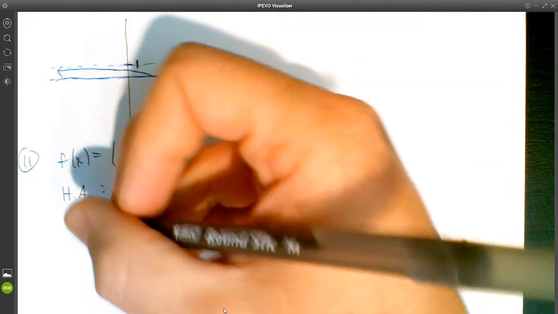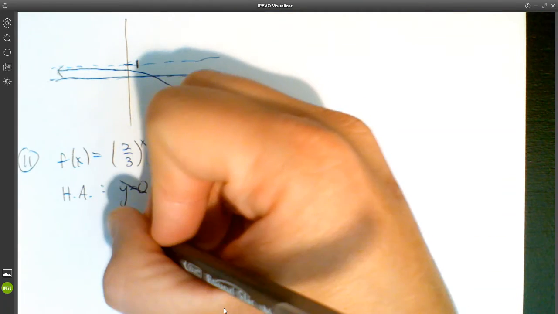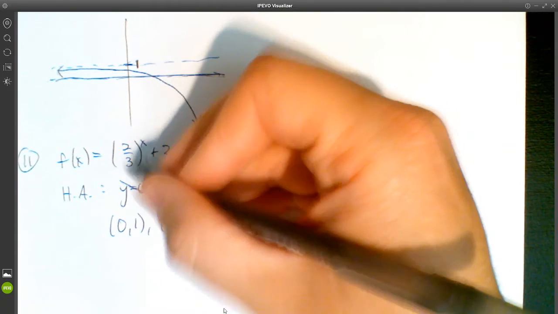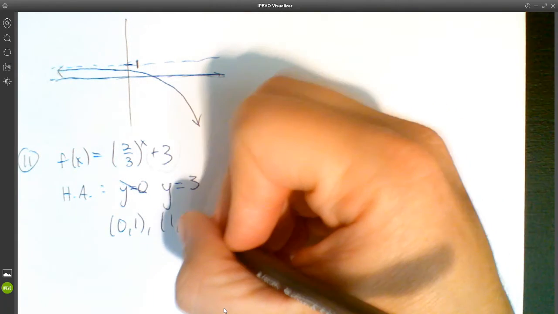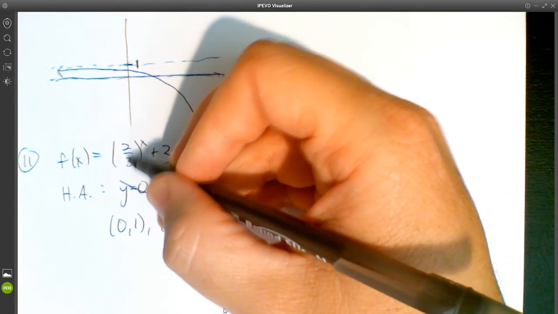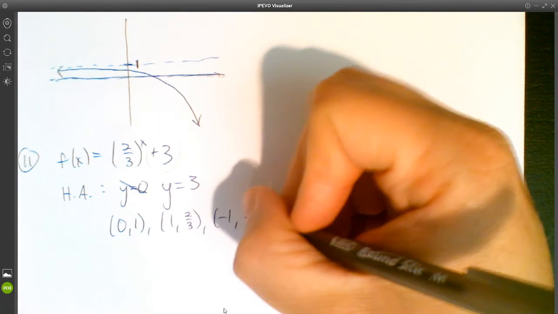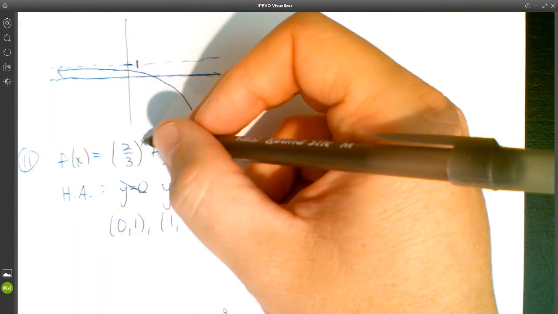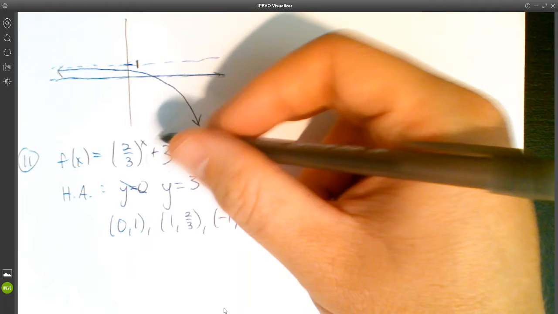And then they also usually go through the points (0, 1), (1, base), in this case the base is 2/3, and then (negative 1, 1 over base). If the base is 2/3, then 1 over the base is 3/2, the reciprocal. This is what f of x equals (2/3) to the x would go through, but again, we're adding 3.